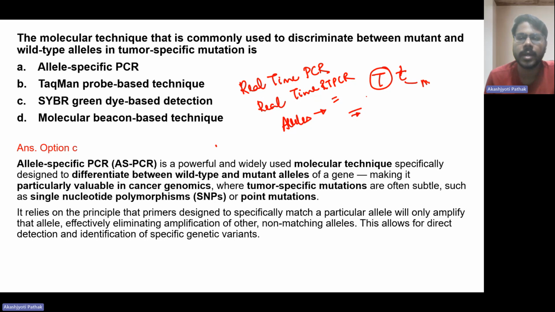You take DNA from the normal cell and from the cancer cell, and amplify that portion of the gene using the forward and reverse primers. If the tumor has that mutation, the forward primer will not be able to bind and it will not get amplified. The wild type or normal cell, which does not have the mutation, will amplify that portion of the gene.